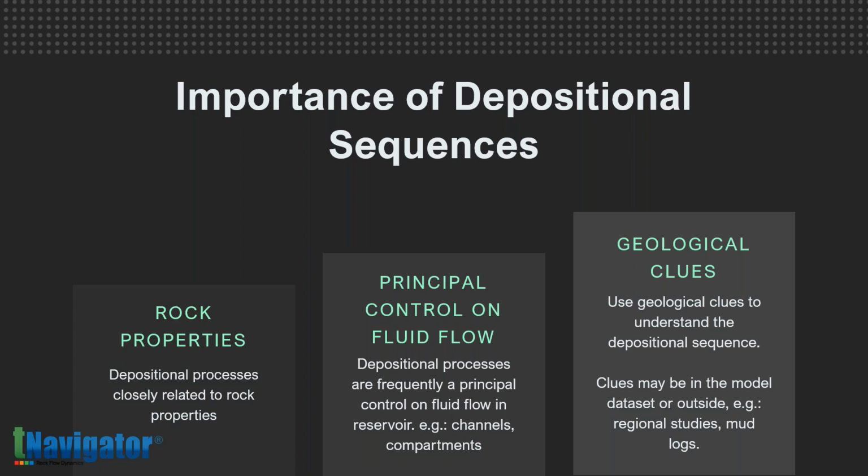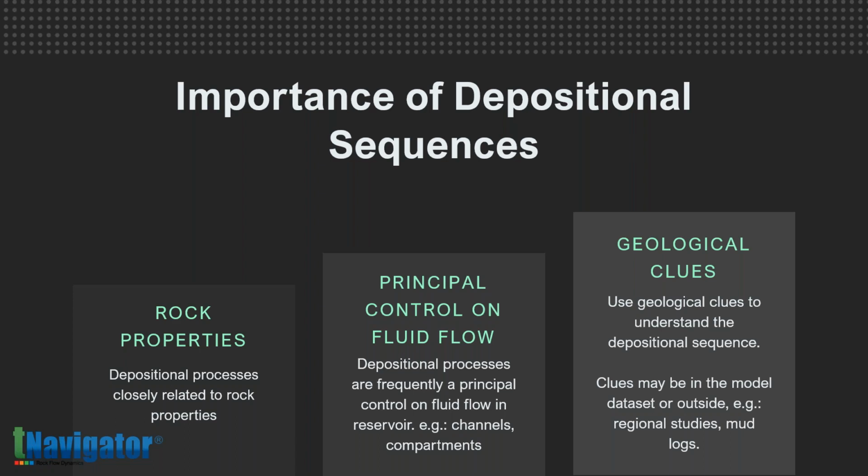The next one is moving up to a larger scale, at the scale of internal reservoir architecture. The depositional processes are frequently a principal control on the fluid flow in the reservoir. So, for example, things like fluvial channels or stratigraphic compartments, these are controlled by the depositional environment.